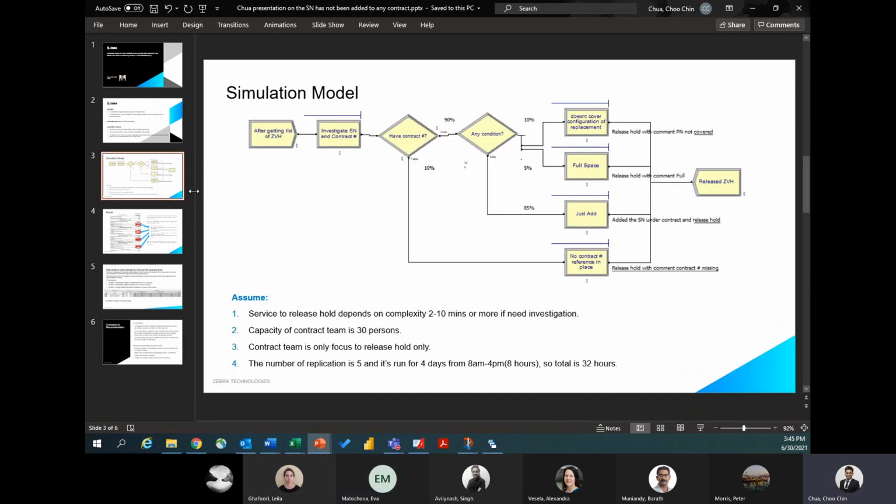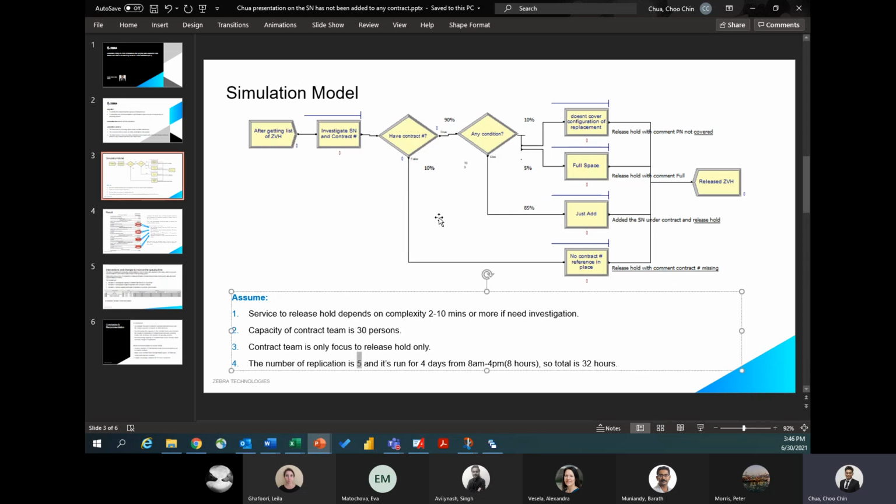There are two replications. The number of replications means that if we run one replication, we run for 32 hours. If two replications, we run the simulation model for 64 hours, and it continues until the fifth replication.